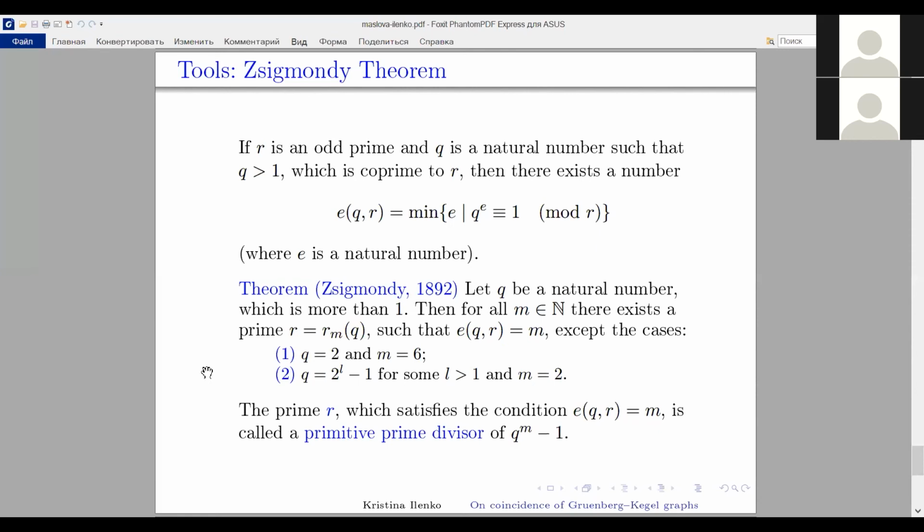If r is an odd prime and q is a natural number, which is more than 1 and coprime to r, then there exists a number denoted e(q, r), which is equal to the minimum of all e such that q to the power e is equal to 1 modulo r, and e is a natural number.